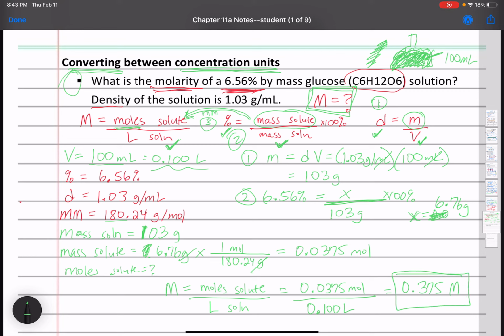So this solution, we could describe it as being a 6.56% by mass solution, or we could say it's 0.375 molar.